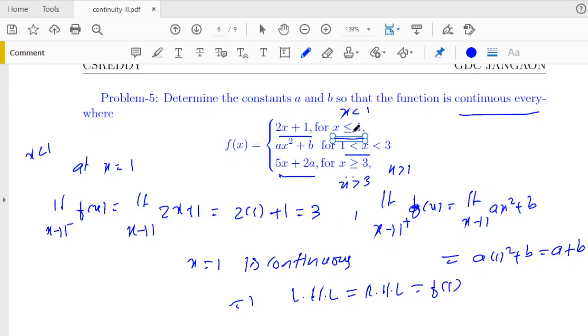But we know that at x equal to 1, f of x equal to 2 into 1 plus 1 equal to 3, therefore LHL equal to 3, RHL equal to a plus b, and also f of 1 is equal to 3. That means a plus b is equal to 3, which is equation number 1.